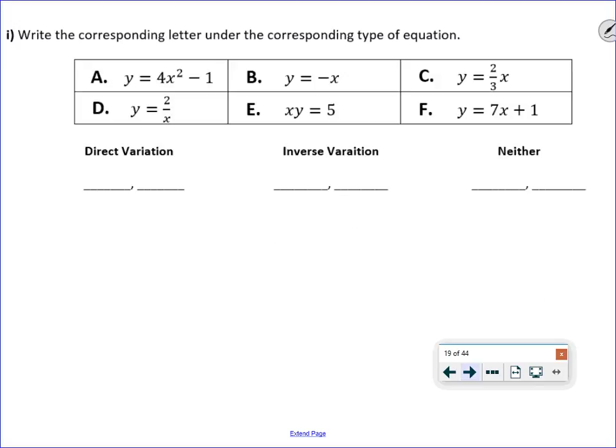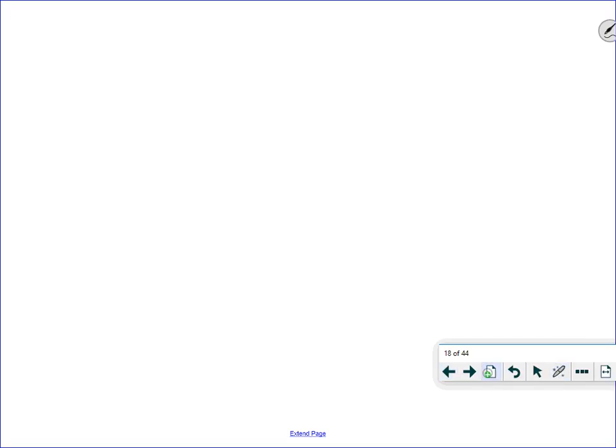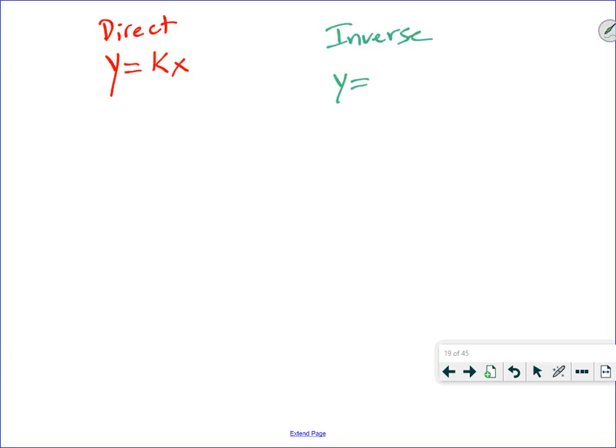Now for this problem, I'm going to actually cheat a little bit and just make sure we understand something: direct variation says y equals k times x. Inverse variation says that y equals k divided by x.